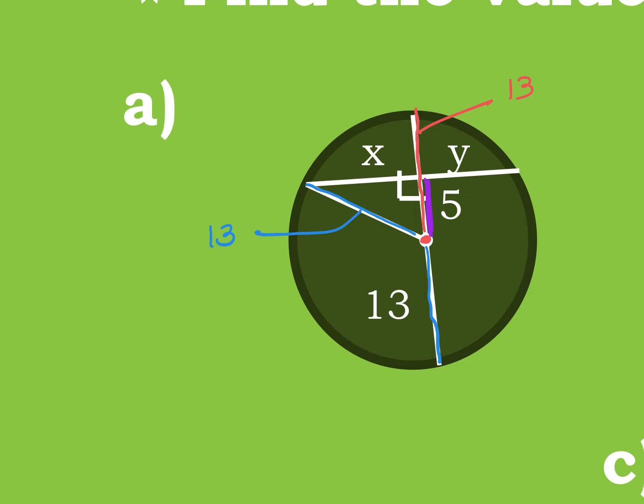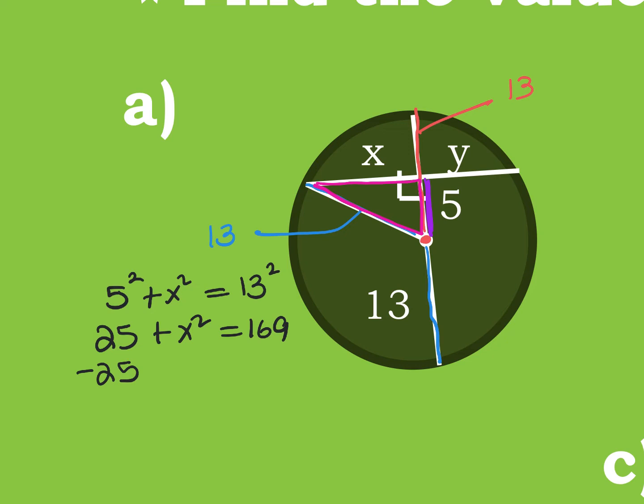And then they're asking us to find x. Notice what we formed here is a little right triangle. So what we're going to do to find x is the Pythagorean theorem. 13 is the hypotenuse, it's our c. So we're going to be doing 5 squared plus x squared equals 13 squared. 5 squared is 25. 13 squared is 169.